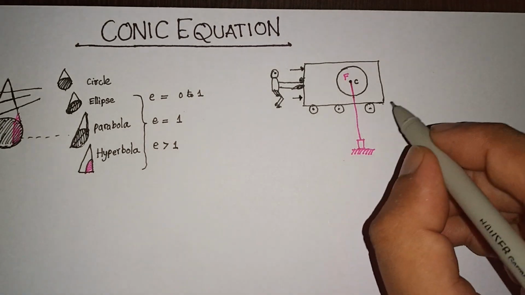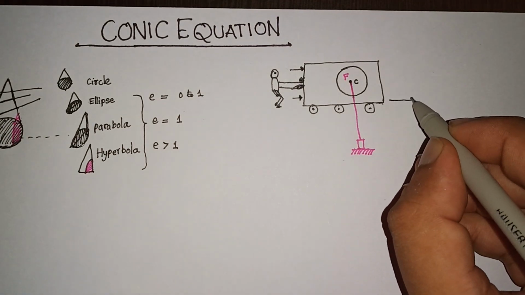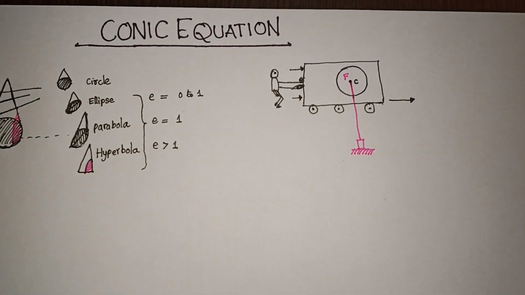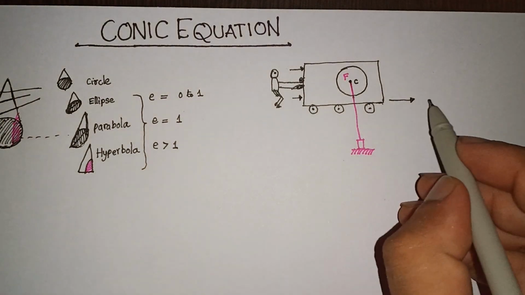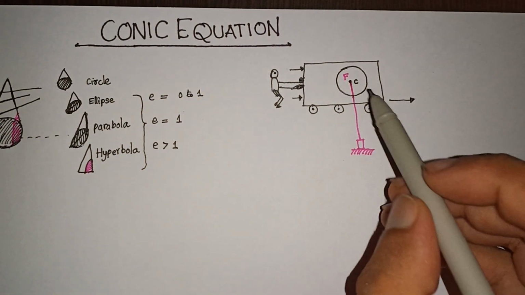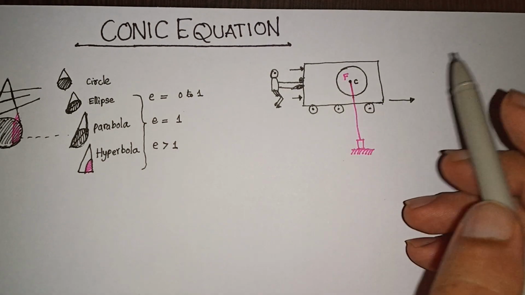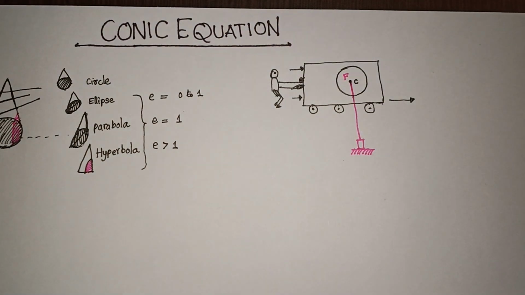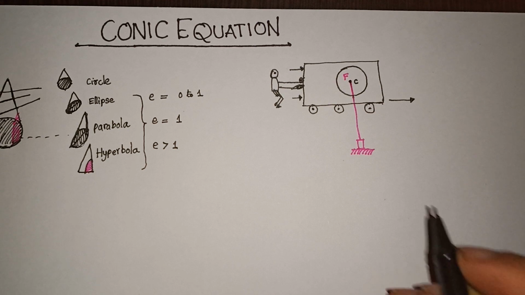So that means with the wheels it may travel some distance in this direction. But your focus is going to be the same, your geometric center is going to be the same, but this time your focus will be trying to impinge.